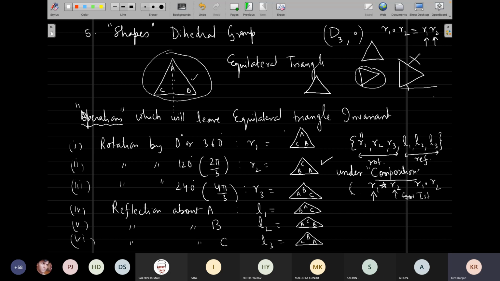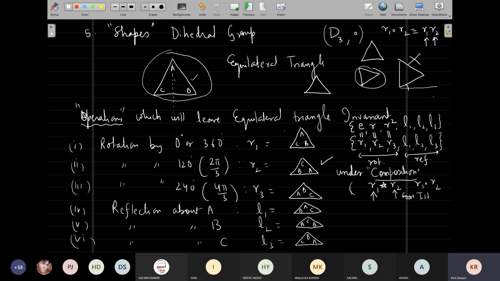So it's common practice, for example, to write this as E, this one, the rotation by 120 degrees, as R, and the rotation by 240 degrees, as if I am applying R twice, as R square. You will find that books write this structure commonly for this group, where the identity element is nothing but rotation by 0 or 360 degrees.